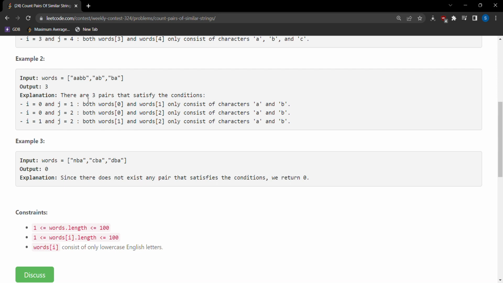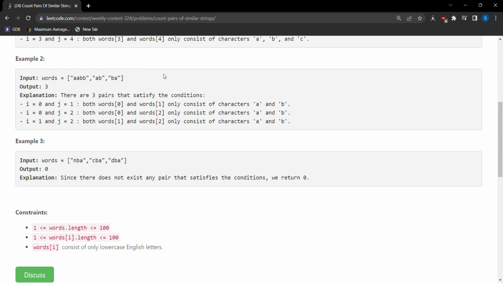Here it's by coincidence that the number of words is 3 and the pairs is also 3, but this will not happen otherwise. We see that these two words are similar, then these two words are similar, and this and this are similar. So we can see that there are three pairs: word 0 and word 1, word 0 and word 2, and word 1 and word 2. That's why the answer came 3.